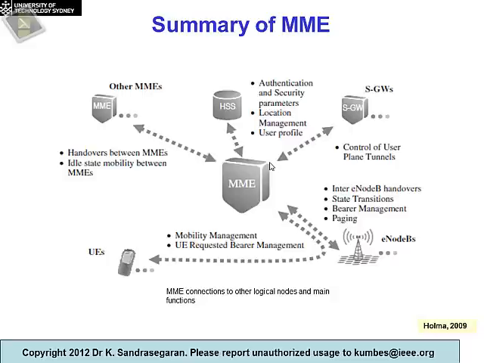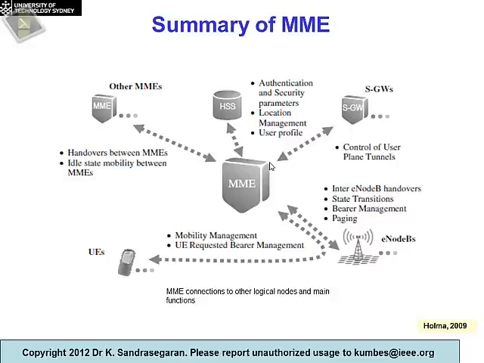Other messages are between the MME and the serving gateway. This is where we set up a bearer for a UE. These are referred to as tunnels because we use a tunneling protocol between the serving gateway and the PGW, which is why they call it control of user plane tunnels.